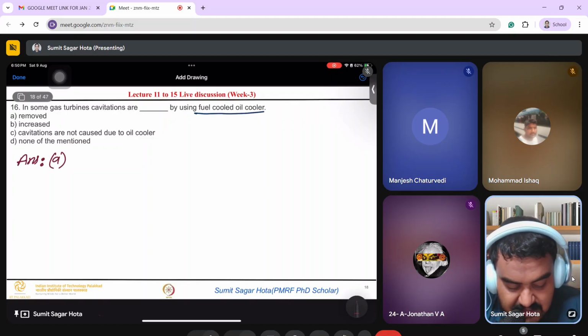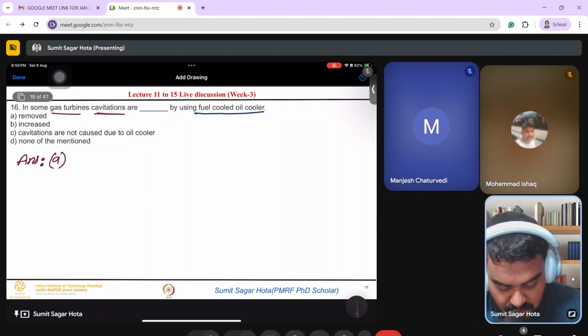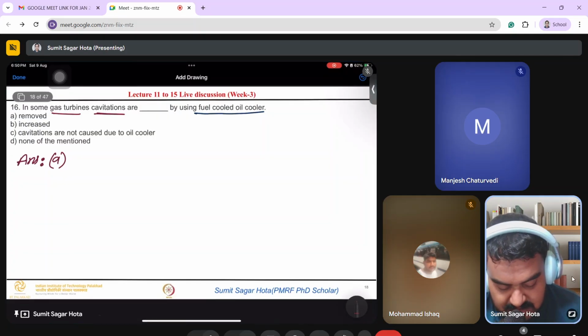This question is actually simple, because even if you don't know anything about the fuel cooled oil cooler, if you see the one word cavitation in a gas turbine question, you can directly choose the option remove.